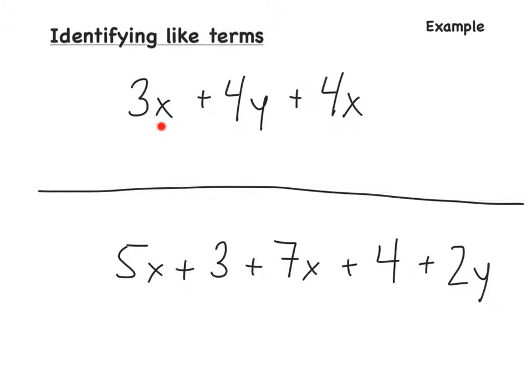So this x and this y are not like terms. In this example, our 2 like terms are 3x and 4x, just because we have an x here and we have an x here. These are our like terms.